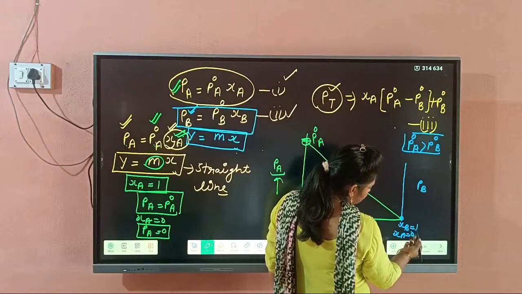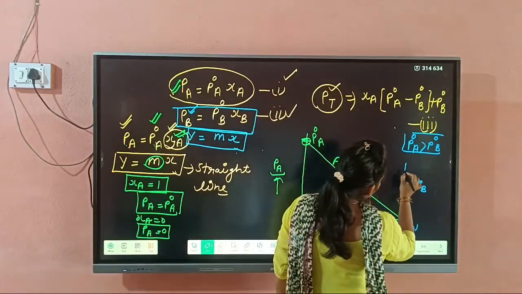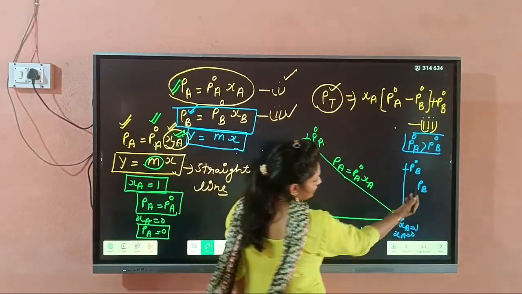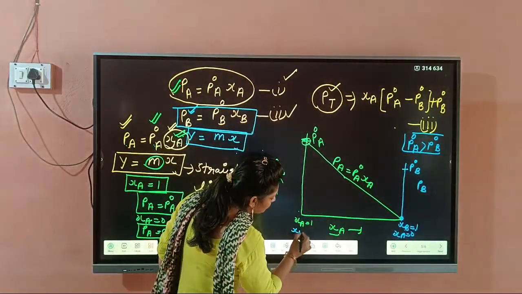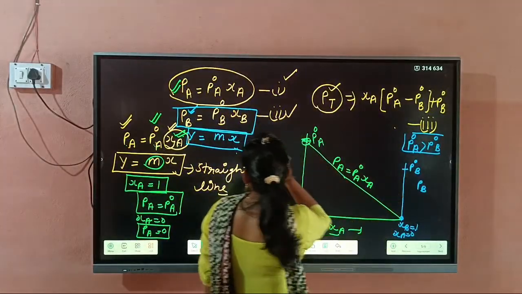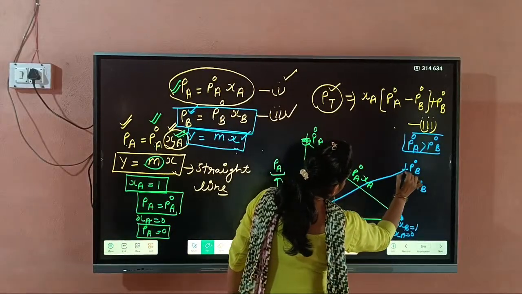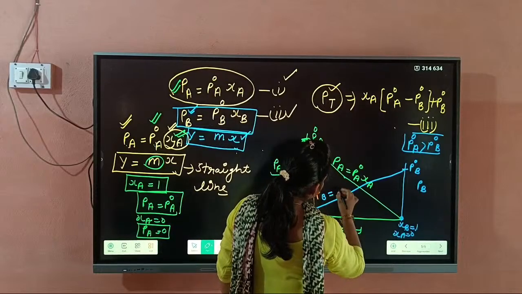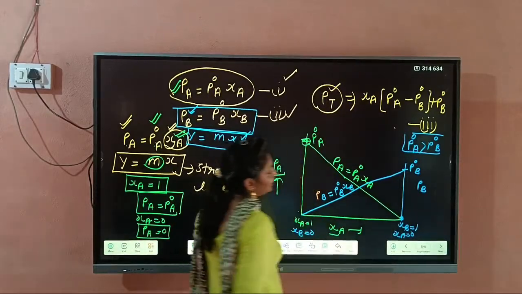And if XB is equal to 1, again PB is equal to P naught B. So at this point PB is equal to P naught B. Here XA is equal to 1 means XB is equal to 0. Okay, so it is a straight line. Now graph will be in this way. So this is the graph for PB. PB is equal to P naught B XB.